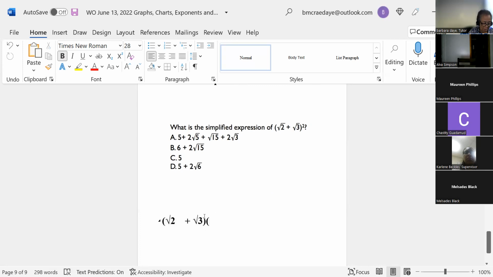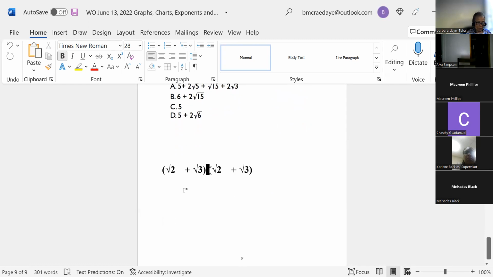That's what the square is. Now, use FOIL. Maureen, how do you use FOIL? You do first.